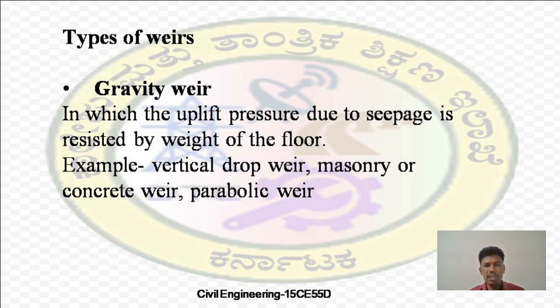Examples of gravity weir are vertical drop weir, masonry weir, concrete weir and parabolic weir.